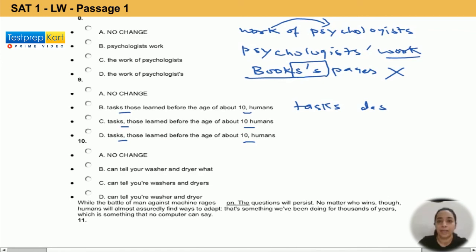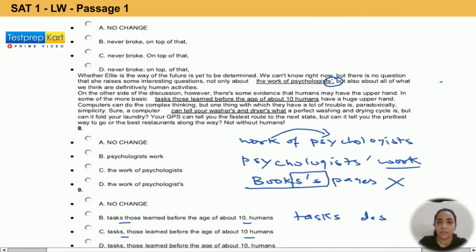Let's go back and confirm our understanding. Here we're talking about in some of the most basic tasks. So look at this. In some of these, that means this part itself is describing something. In some of the most basic tasks, what happens? Humans have a huge upper hand, right? That is the main tense. So if I have to underline, this part is the main tense.